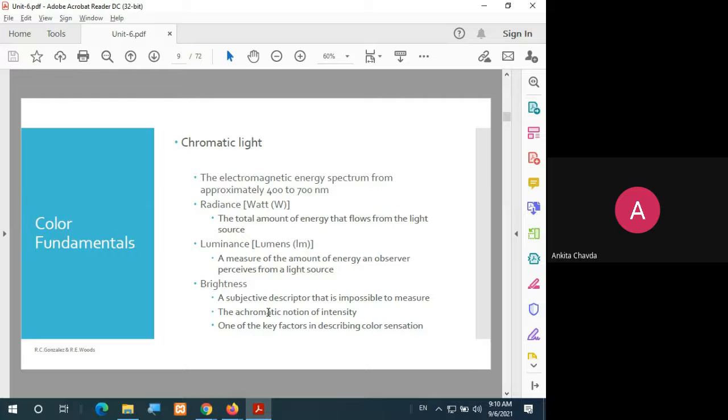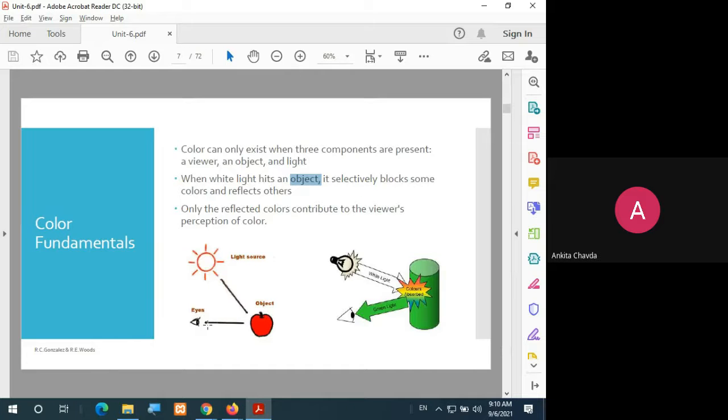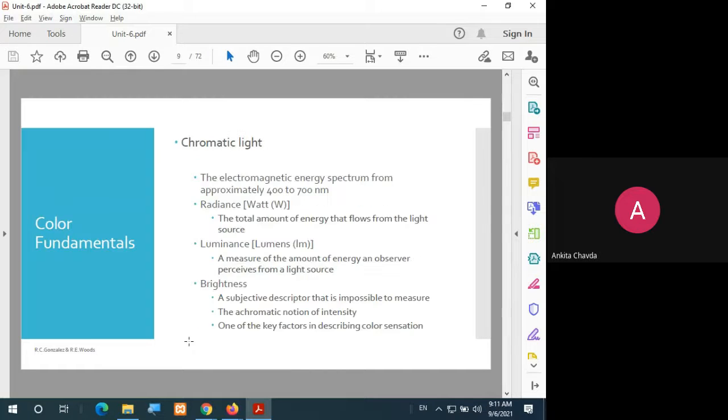That is what is known as luminance, because the observer, meaning the viewer, can only perceive that amount of the source. But this is what is known as radiance. Only the viewer can perceive how much, that depends. So this is about radiance and luminance.